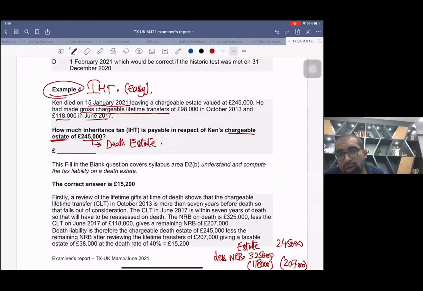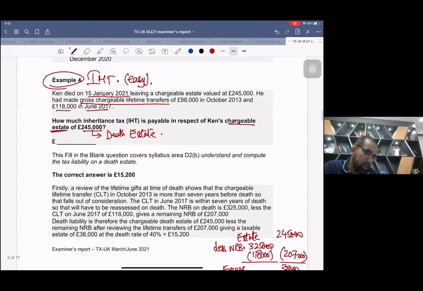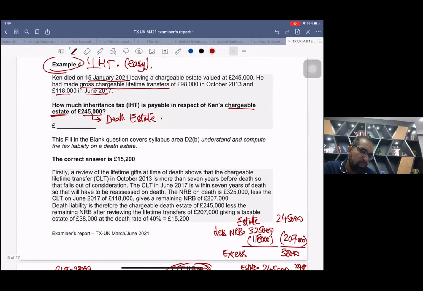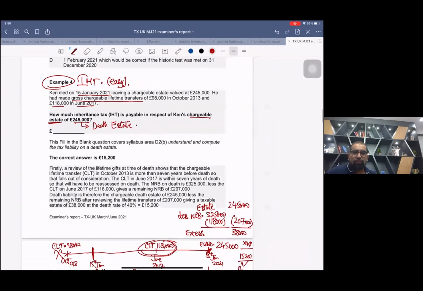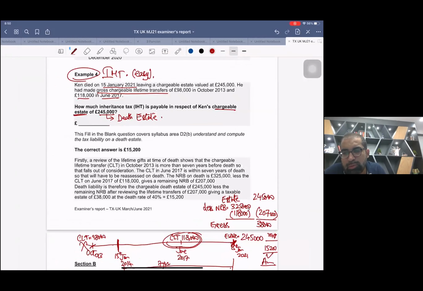Go and study the chapter again if you don't have this concept. Gross chargeable transfer means everything is done and the annual exemption has already been deducted. So nothing to do with annual exemption. For death estate, no annual exemption is available. So the answer for this question is 15,200.